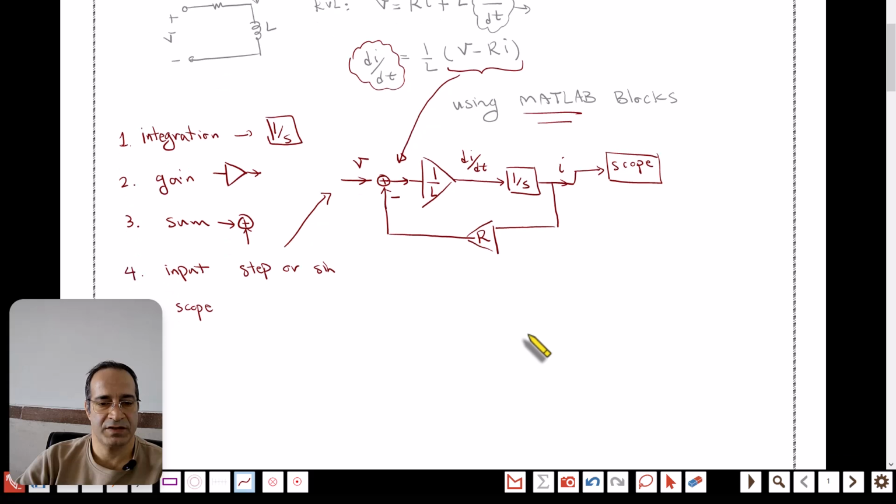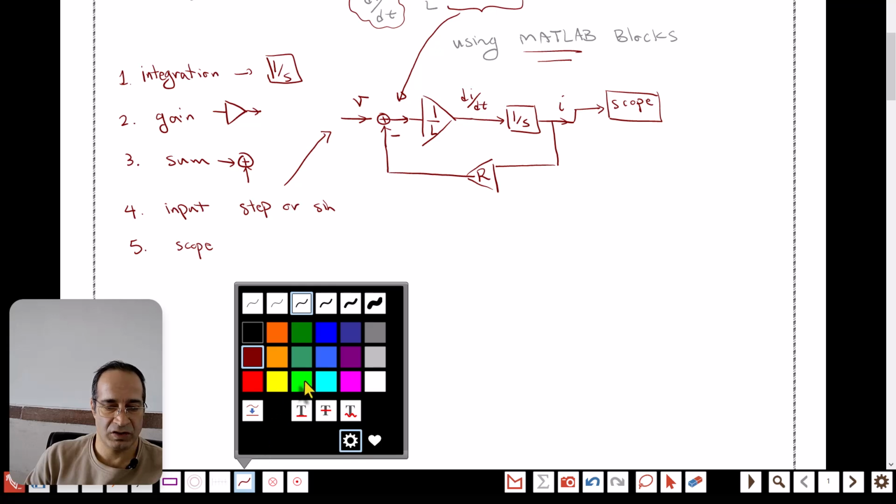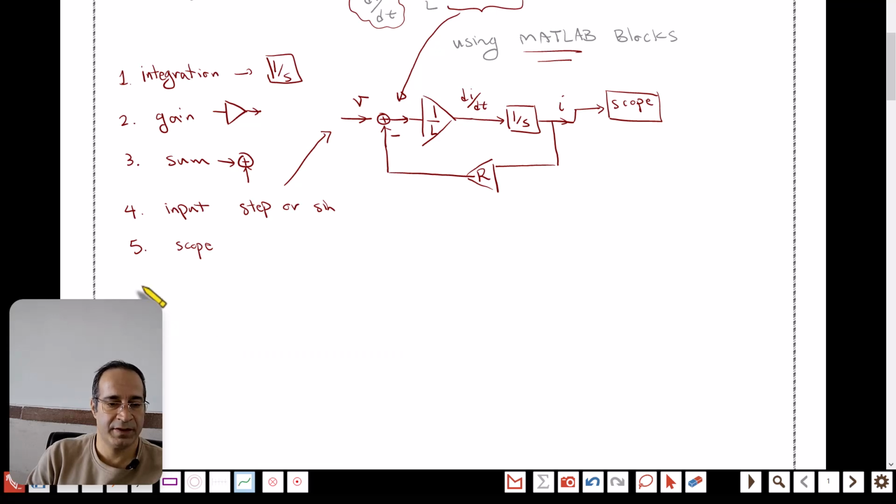The next circuit I'm going to write the equation for, number 2, is the RLC circuit. Imagine I have R and then L, in parallel with that, I have C, a capacitor.